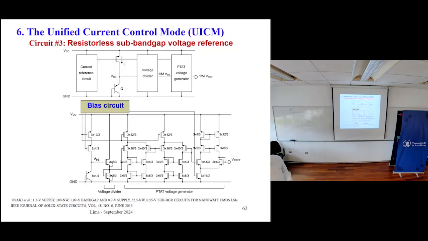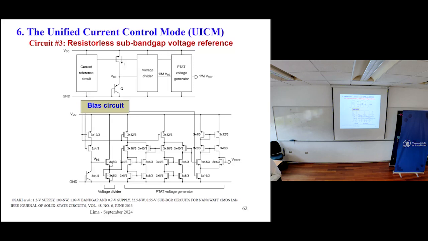Okay, the basic idea is the same, but this is a very interesting paper, and the author have very good results using this topology. So the basic here is that for a conventional band gap reference, you need at least 1.7, 1.8 volts of power supply. But in this case, maybe 1.1, 1.2.